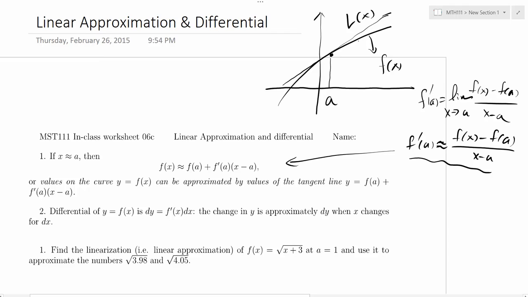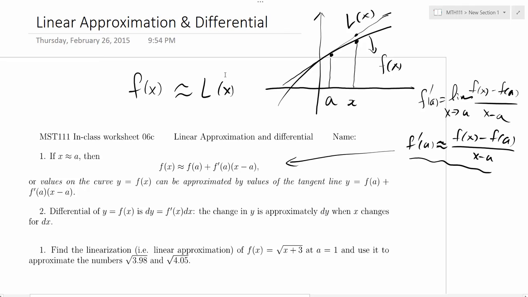If you have a point nearby, say x over here, then this is your value f of x, and here is the value on the tangent line, and they're very, very close. So we can say that f of x is approximately L of x, which is from the tangent line. Now, L of x is a linear function, so it's easy to find its value. That way, we can approximate a value with a linear function.